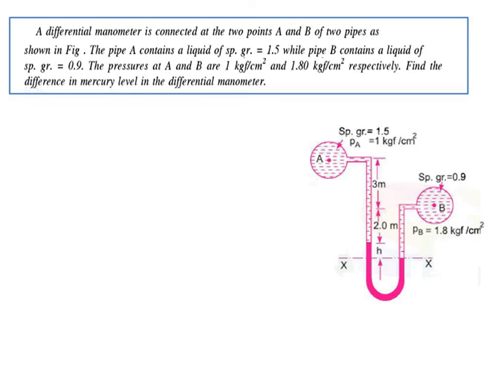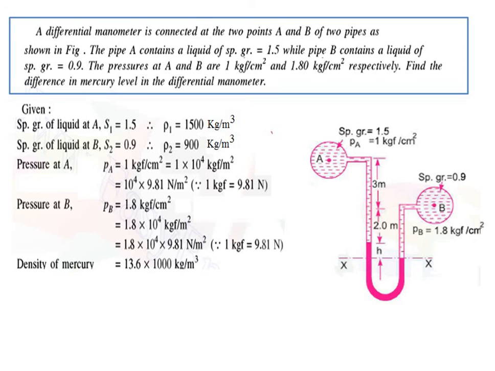It is again a similar kind of problem with the difference in height. So specific gravity S1 is equal to 1.5, so rho 1 is equal to 1500 kg per meter cube. Specific gravity at point B, S2, is equal to 0.9, so rho 2 is equal to 900 kg per meter cube. Pressure at point A is nothing but 1 kgf per centimeter square.